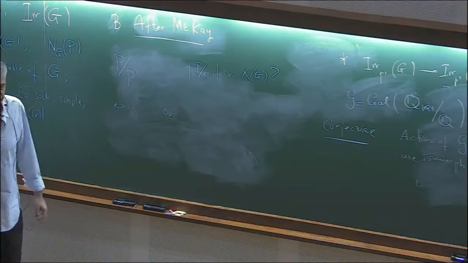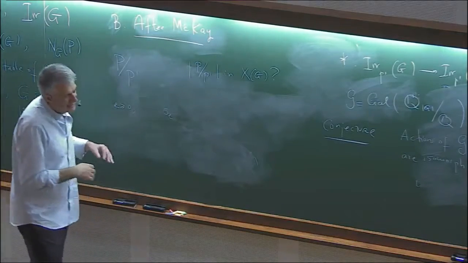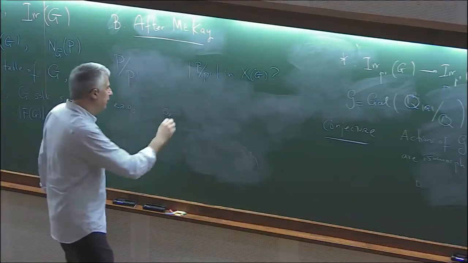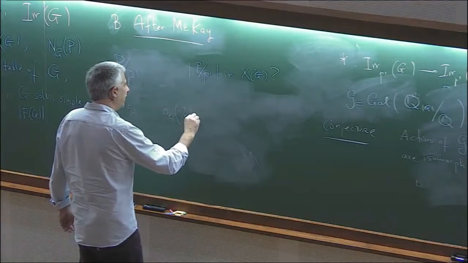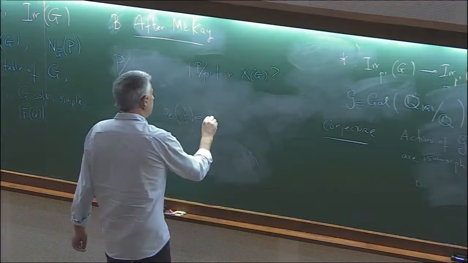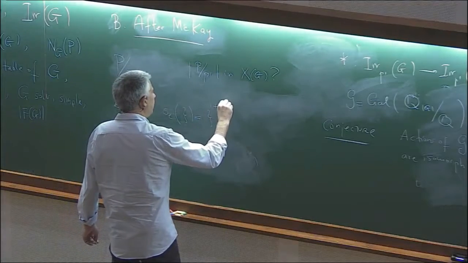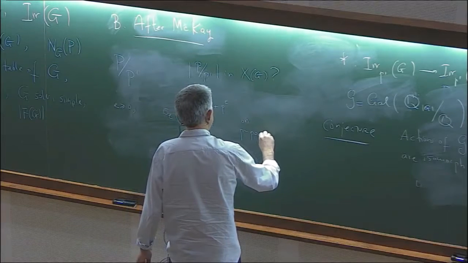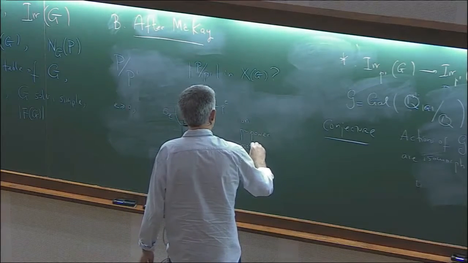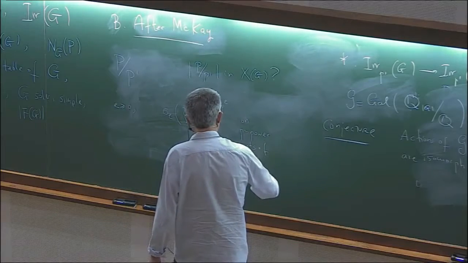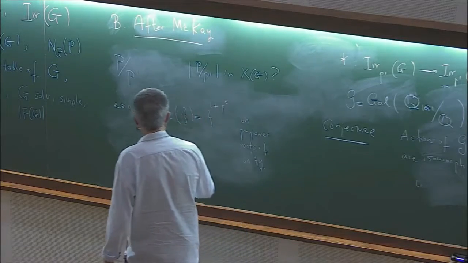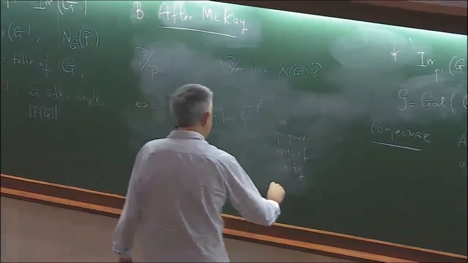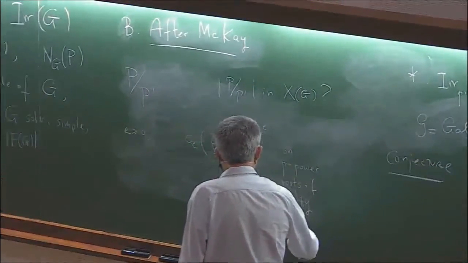I'm going to define it just for cyclotomic fields of some roots of unity. It's going to do this on P power roots of unity, and it's going to fix P prime roots of unity.